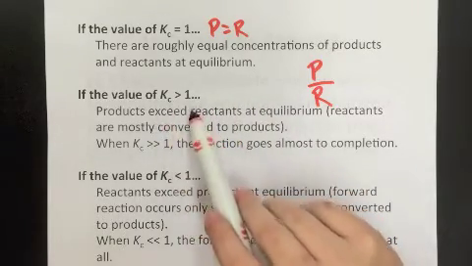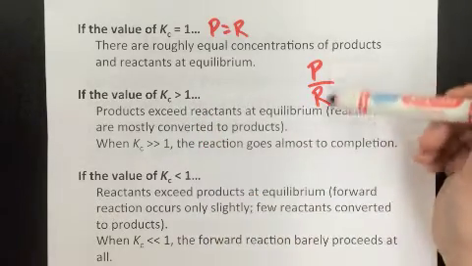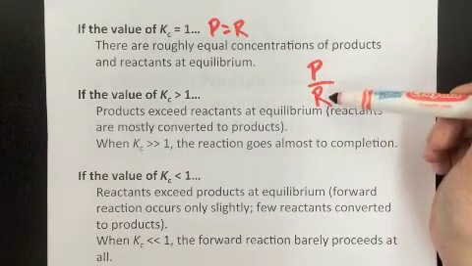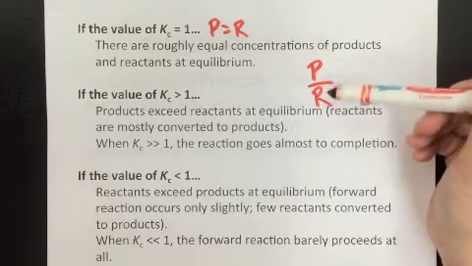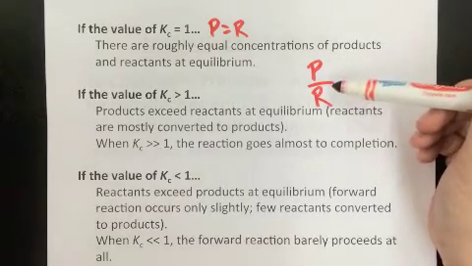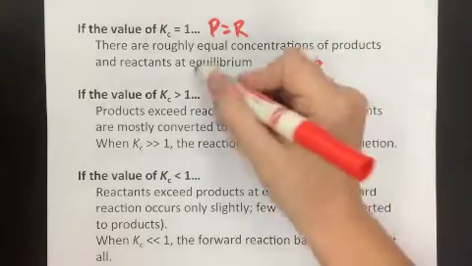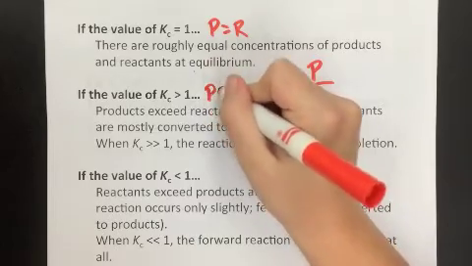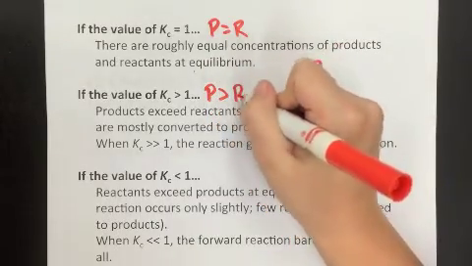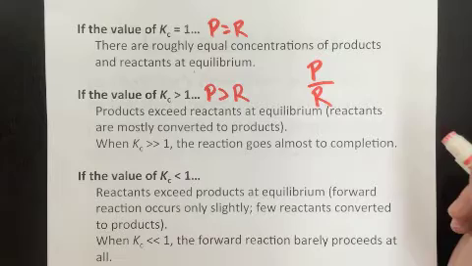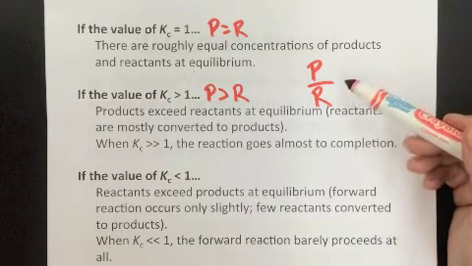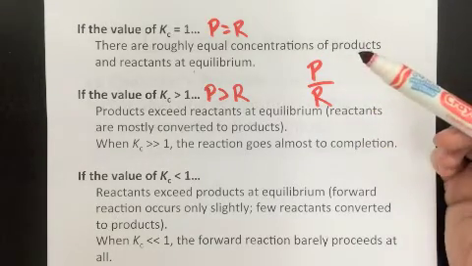So then what if K is greater than 1? So how do you get a fraction to be greater than 1? What number has to be bigger for this fraction to be greater than 1? Well, the top has to be greater than the bottom, right? In order for a fraction to be bigger than 1, the top has to be bigger.